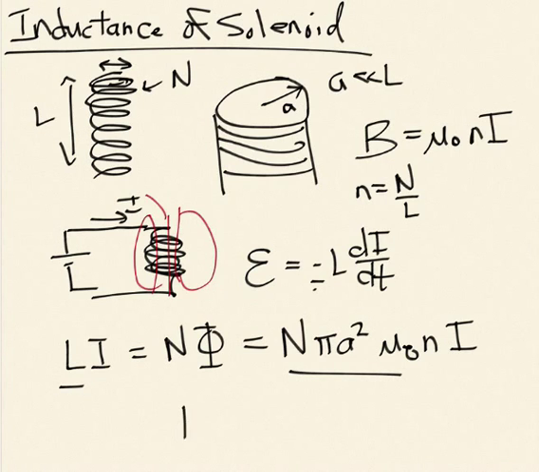L is going to be mu naught n times N times pi a squared.